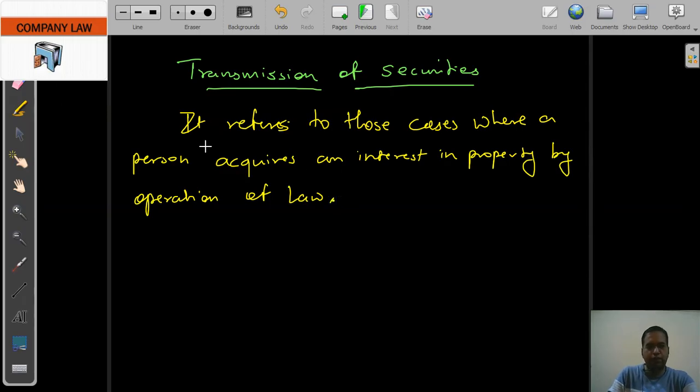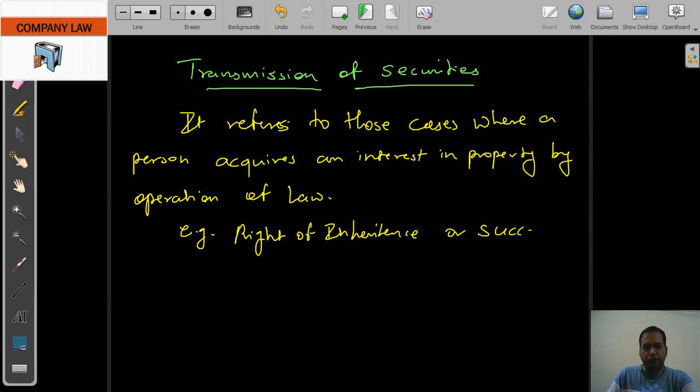By operation of law. For example, right of inheritance or succession, or insolvency.